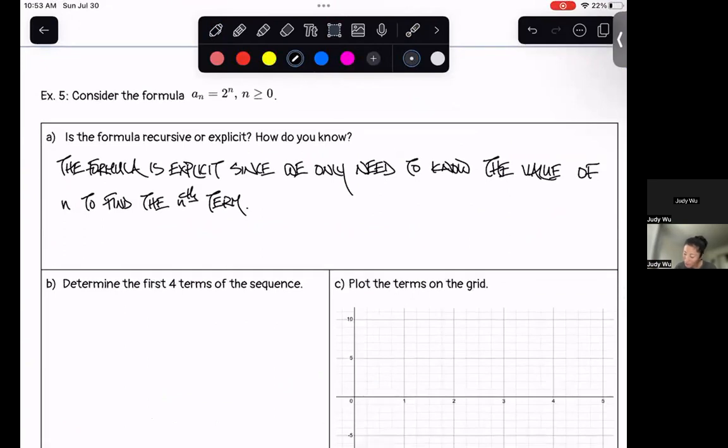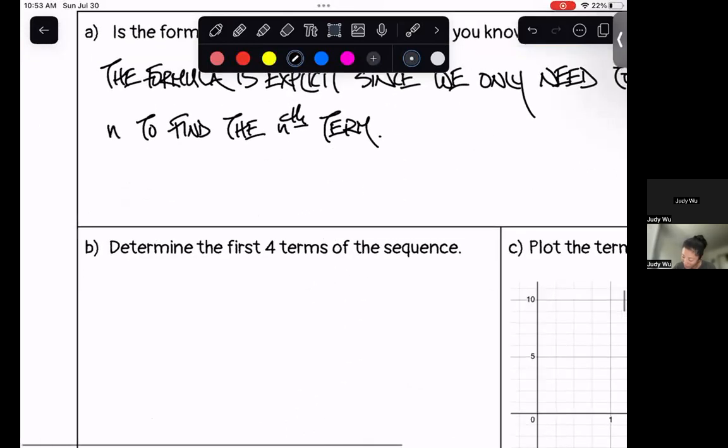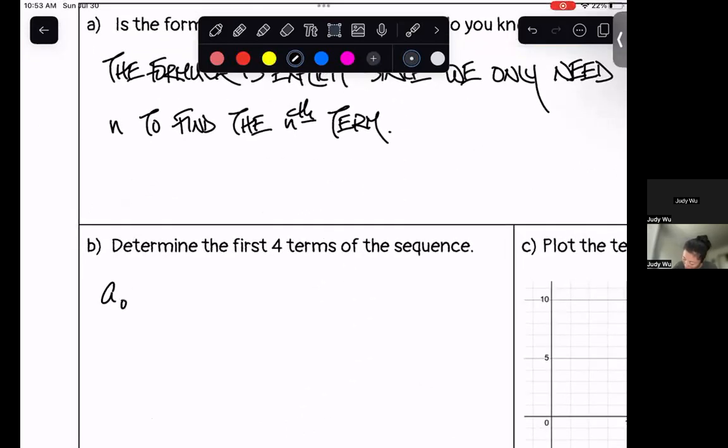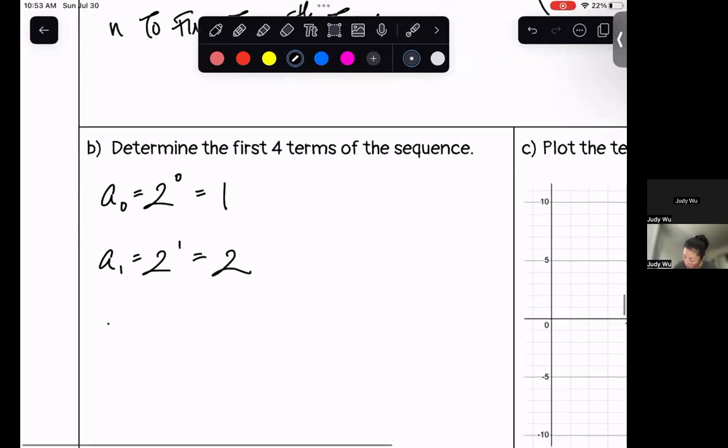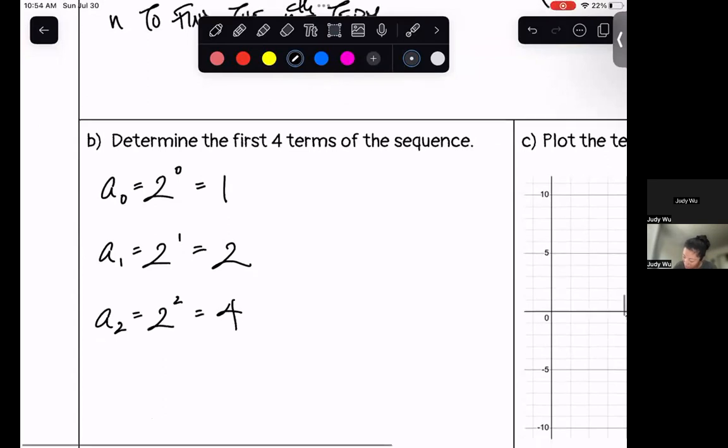Determine the first 4 terms of the sequence, and then we're going to plot the terms on the grid. So let's get started. A sub 0 equals 2 to the 0, which is 1. A sub 1 is 2 to the 1, which is 2. A sub 2 is 2 squared, which is 4.